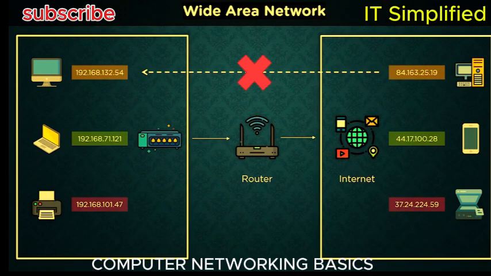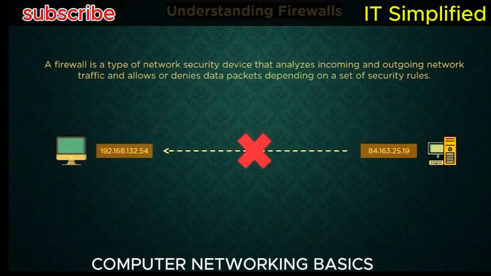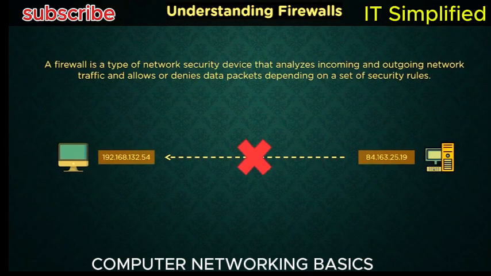All of this entry and exit rule creation and handling can be taken care of by a firewall. A firewall is a type of network security device that analyzes the incoming and outgoing networking traffic and allows or denies data packets depending on a set of security rules. Its objective is to provide a barrier between your local network and external traffic, such as the internet.